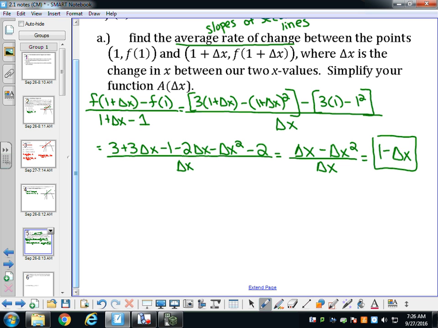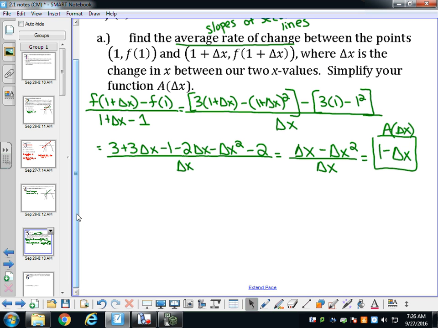Okay, so what that is going to equal is that's actually my a of my delta x. So what I'm saying is my delta x gets closer and closer to 0, and the slope gets closer and closer to 1. That's what I can approximate to be the slope of that line.